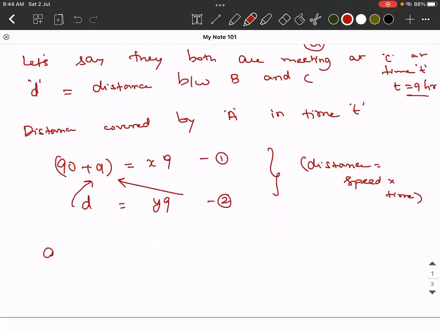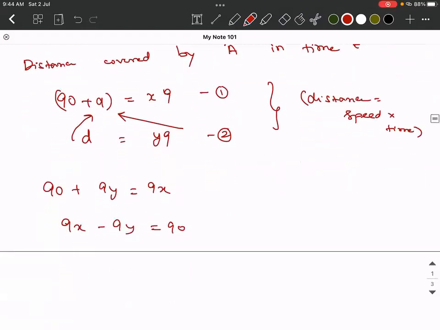When I do that, 90 plus 9y is equal to 9x. So 9x minus 9y is equal to 90. What is common? 9, which implies x minus y is equal to 10. Is there an option like this? Or x minus y minus 10 is equal to 0?